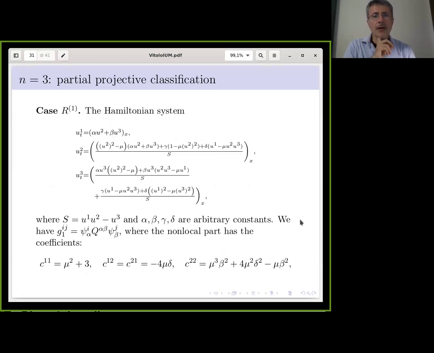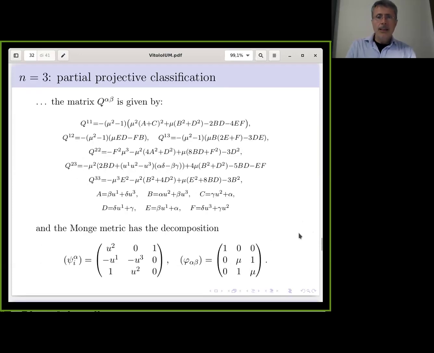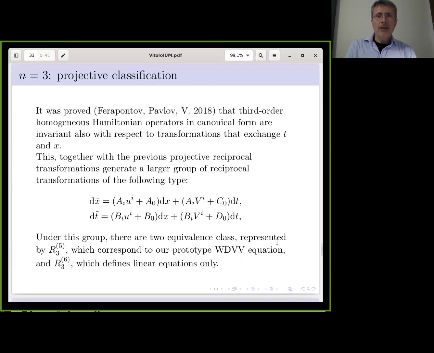So we have a Hamiltonian system with respect to R1, and then we can assemble the first order operator using these constants. You see that they are all non-zero in general, plus the matrix Q, which is here, plus the factors of the decomposition of the Monge metric of the third order operator.